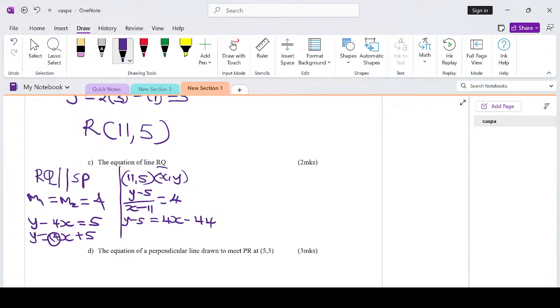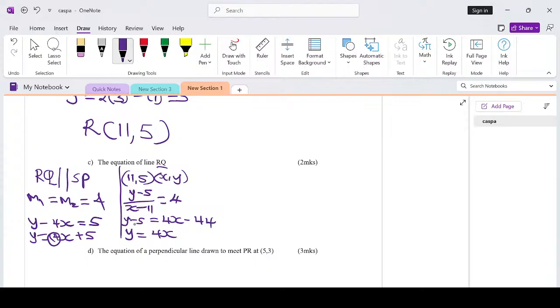So, when we have it like that, learners, this now is going to be y equals 4x. Once we have it as 4x, what happens?